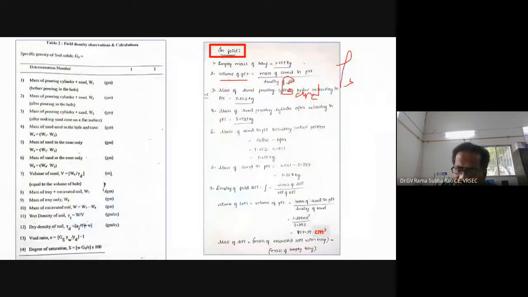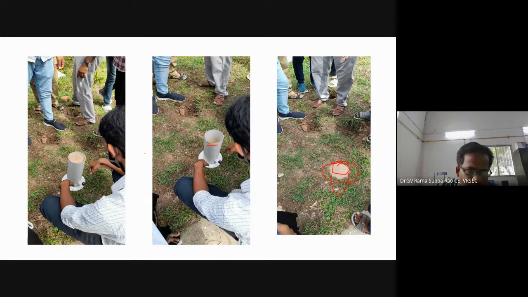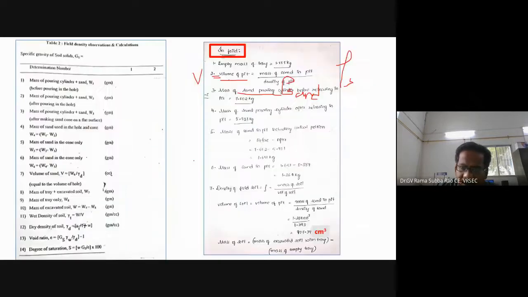Now we need the density of sand to determine the volume of the pit. If you want the volume of the soil, which is nothing but the volume of the pit, we should have knowledge of the density of sand, because we replaced the excavated soil with sand. Now the mass of the sand pouring cylinder before releasing into the pit and after releasing into the pit: here I have two observations, before and after.